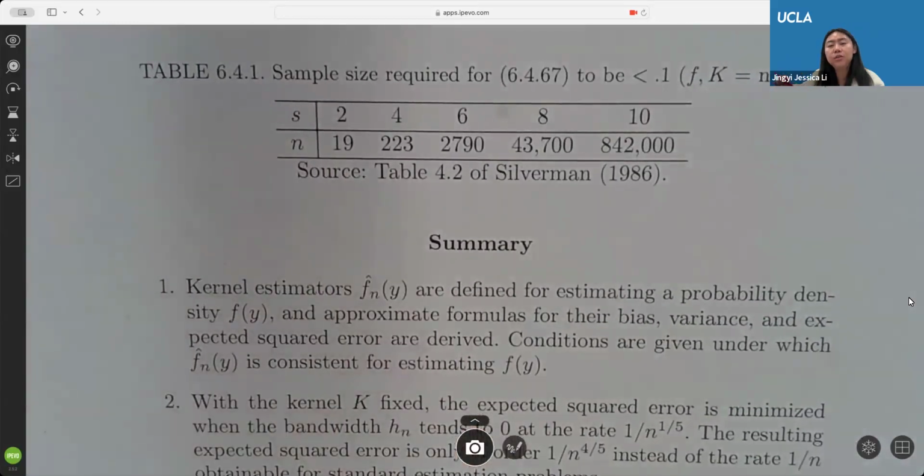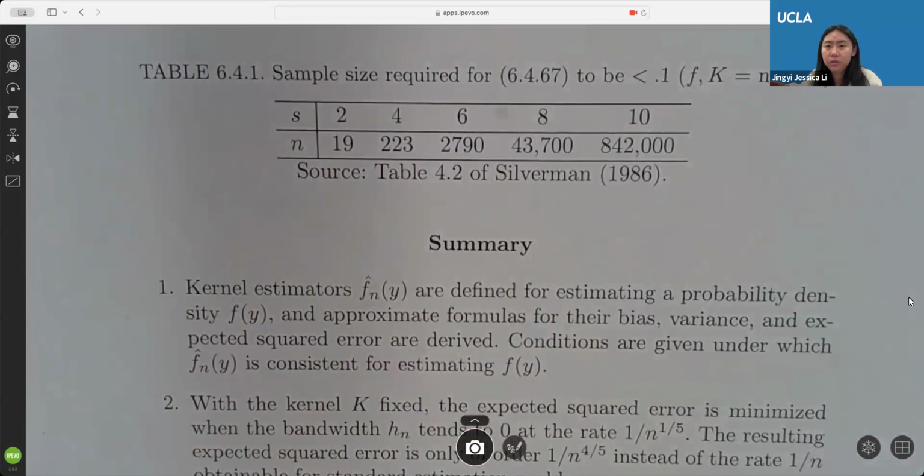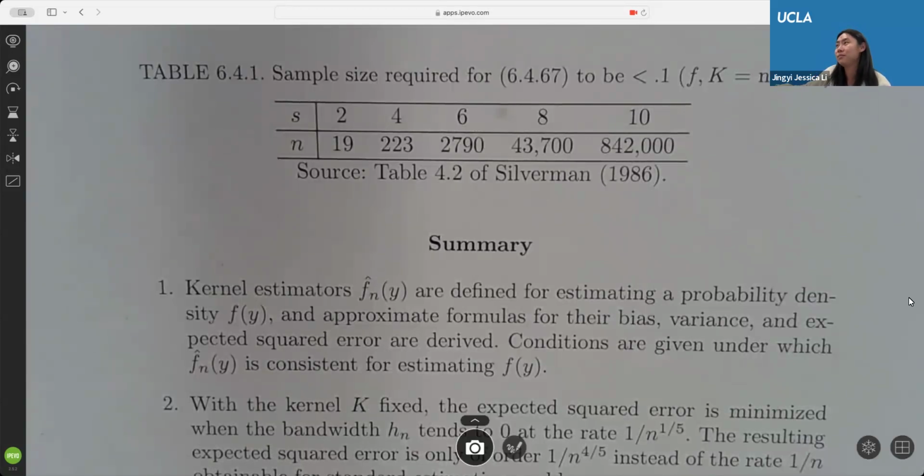If you just want this relative squared error to be less than 0.1, in two dimensions, not bad, you just need 19 points. Four-dimensional, hundreds. Six-dimensional, thousands. Eight-dimensional, it's impossible. You can see it's getting worse and worse. That's why dimension is always a crucial thing in our applications.